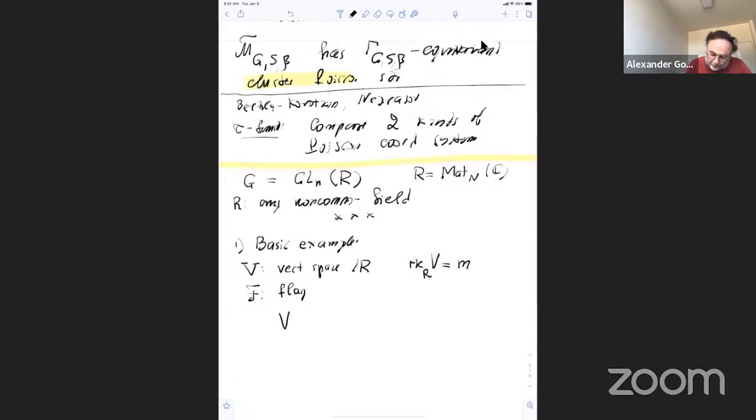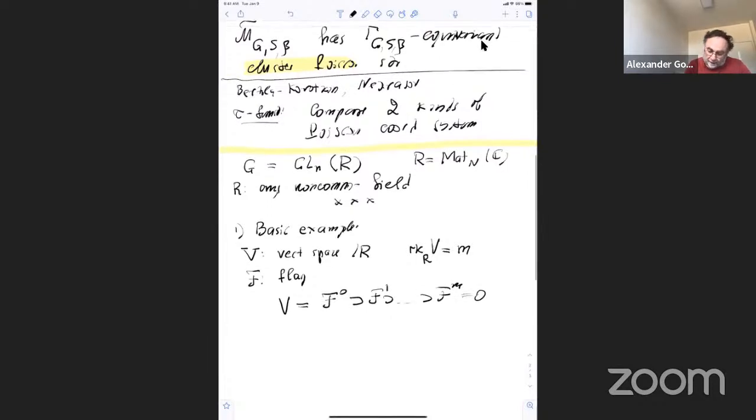This means that we take the vector space V and filter it by subspaces. Every time we skip one dimension, we go one dimension less, so it's F0, F1, and so on, Fm, which is 0. And the codimension of Fi is i.